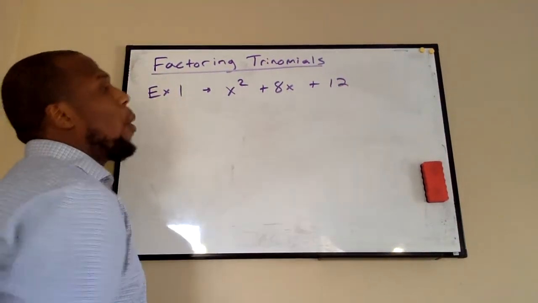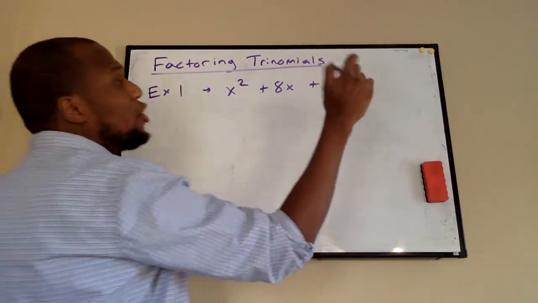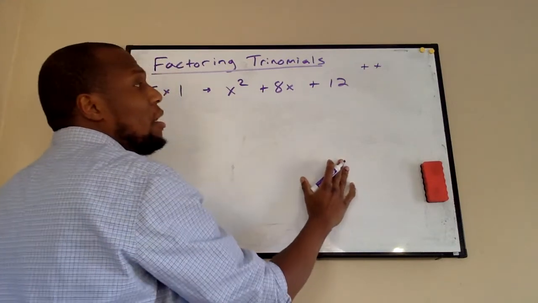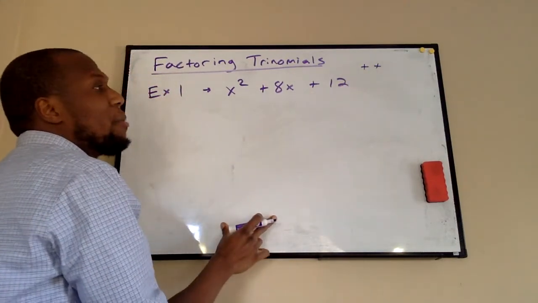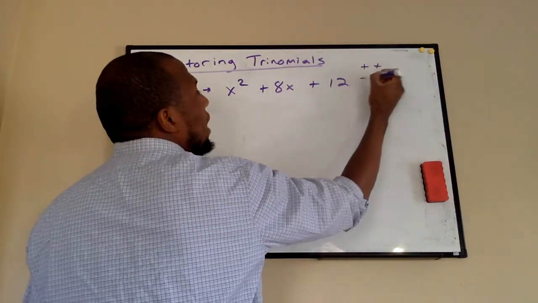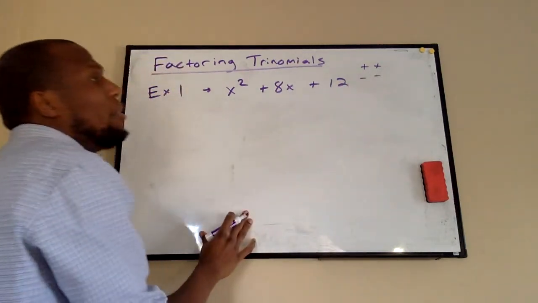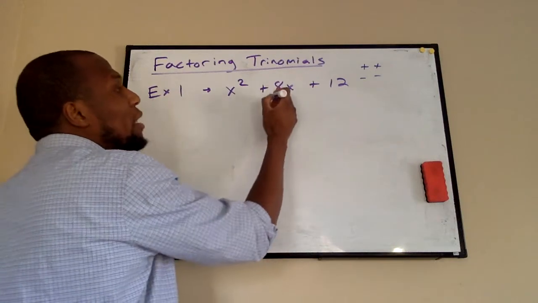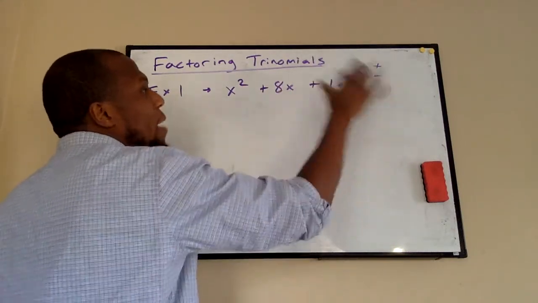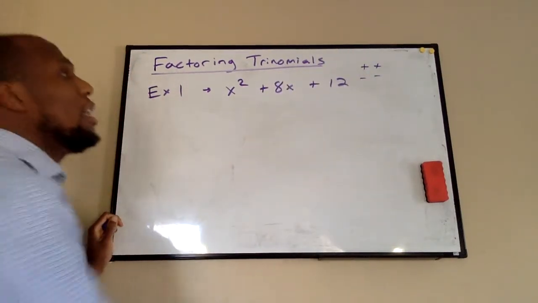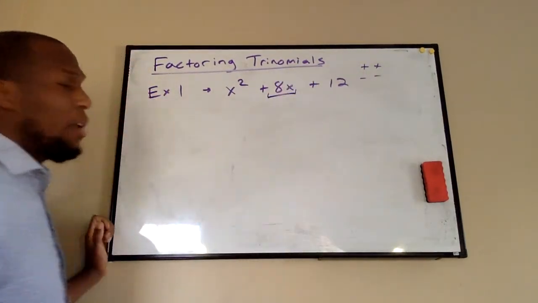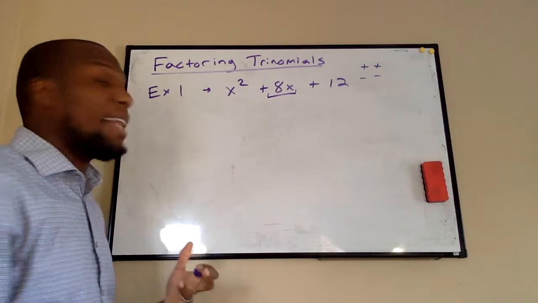We have positive 12 here, so we're going to need to find two numbers that are both positive, because two positives would multiply to give us a positive 12, or the case where they both are going to be negative. Now that decision between the two is going to be decided here with that middle number because our numbers need to add to that.